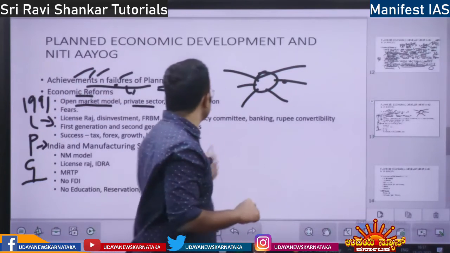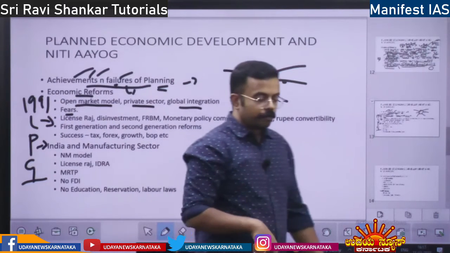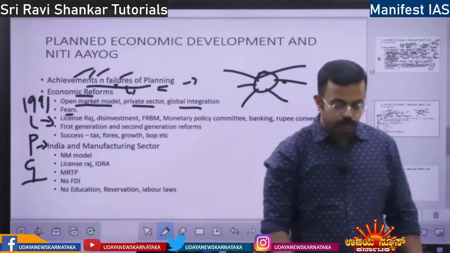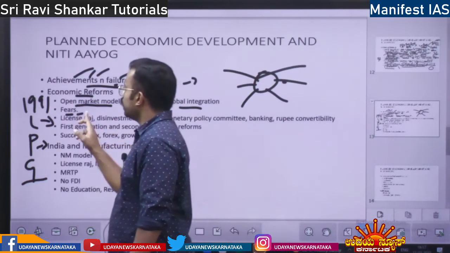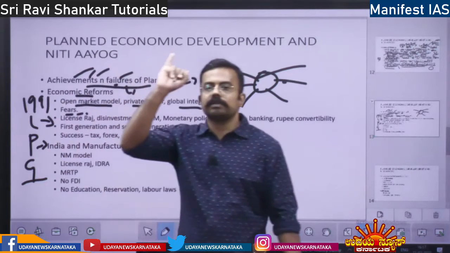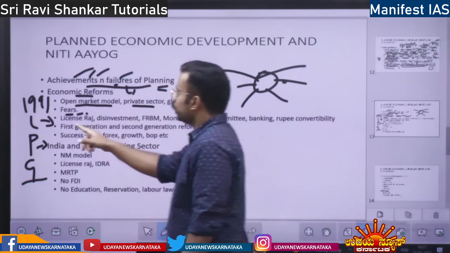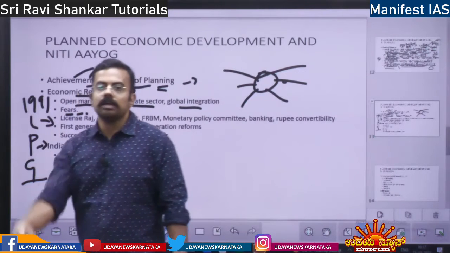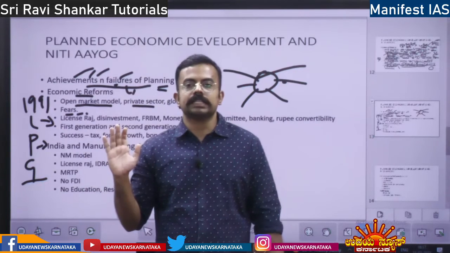That is the global integration. Next, there were some fears. What are the fears? One, if capital is given to the private sector, poverty will increase, that was one fear. Second, if we remove the licenses and all, there will be immorality in the industry.